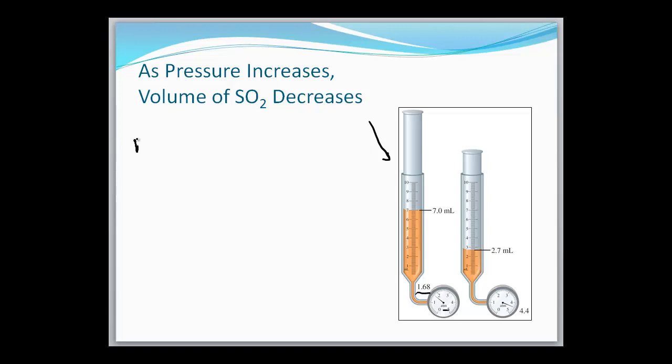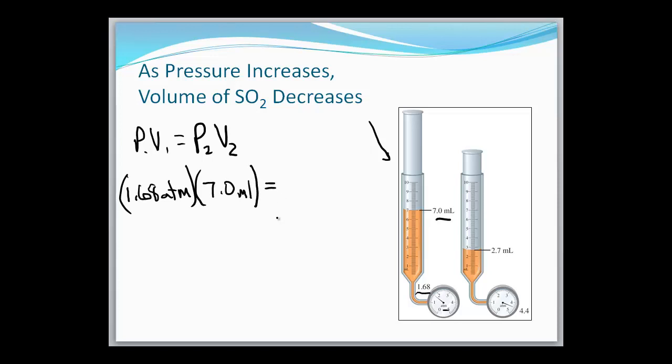So if we use our formula, P1V1 is equal to P2V2, our initial pressure, 1.68 atmospheres, the initial volume, 7.0 milliliters, set that equal to our new pressure, 4.4 atmospheres, and let's assume we don't know the new volume.